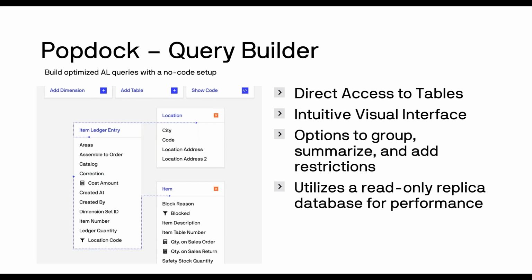We can handle larger data sets by you making this read-only query. So just continuing on that path of optimization and building out efficient queries, once these queries are available inside of BC, we are accessing a read-only replica database, which really benefits from a performance perspective.